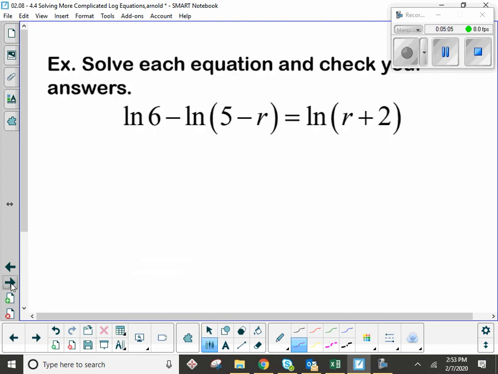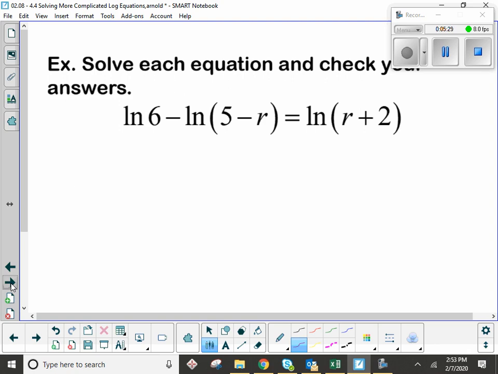First problem. How many logs do you see? 3. How many constants do you see? 0, right? There's no constant. So this is today's new method. Which side has multiple logs? The left. And what we're going to do there is our condensing properties, right?